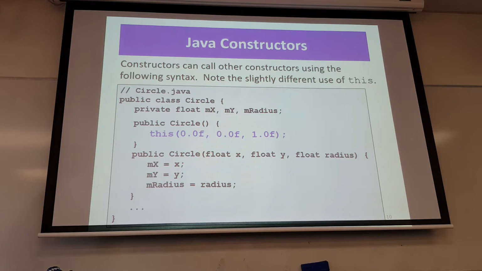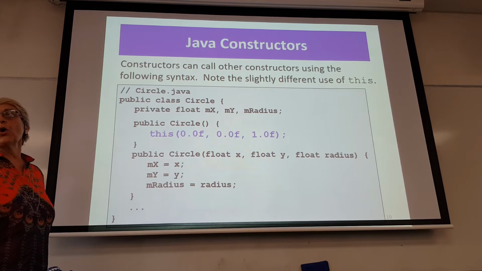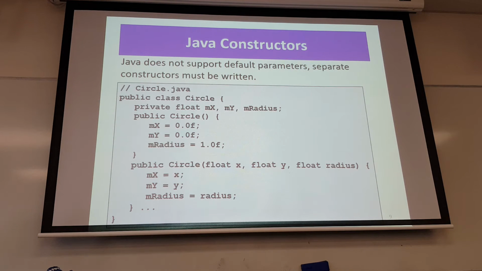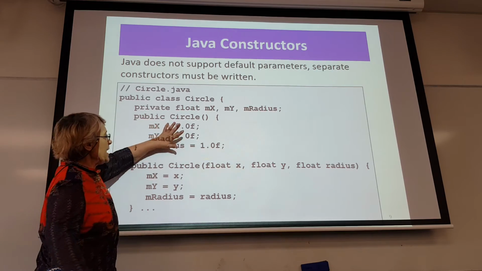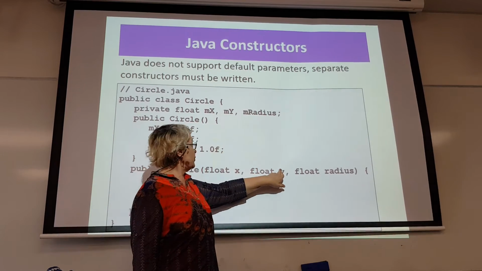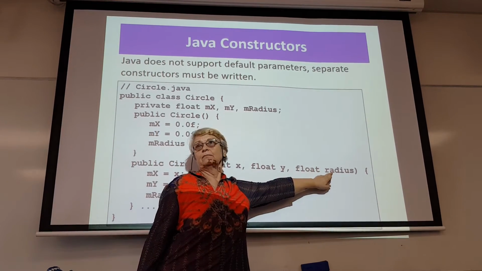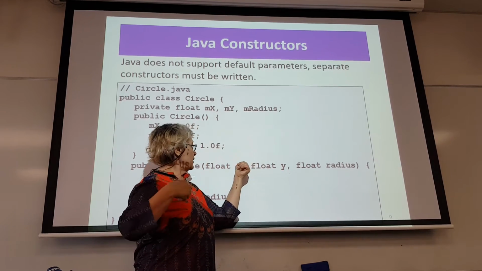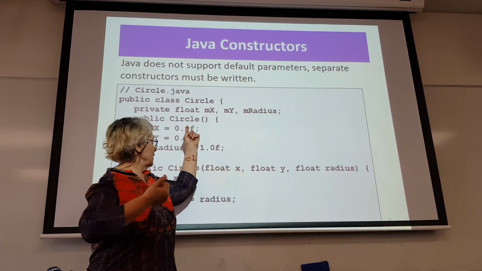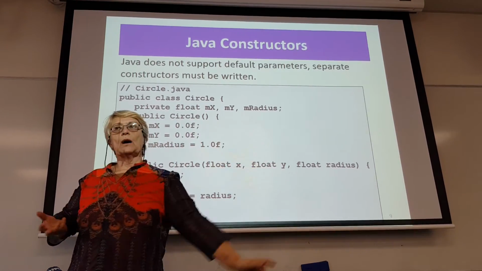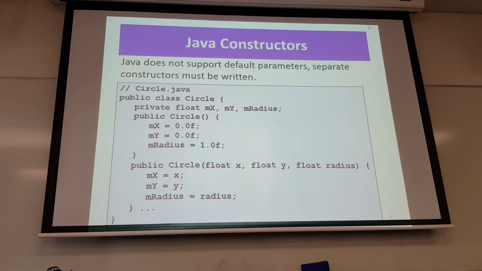Java comes with reusing code. Instead of writing this code here, which can be obtained from this function by assigning 0, 0, and 1, when we call this constructor, we invoke it with 0 for the first, 0 for the second one, and 1 for the third one. It's repeated code somehow.